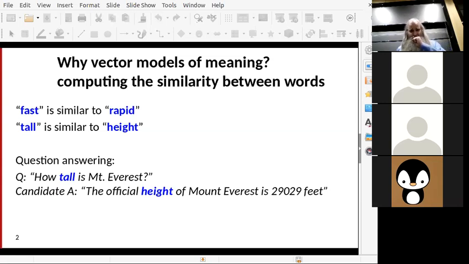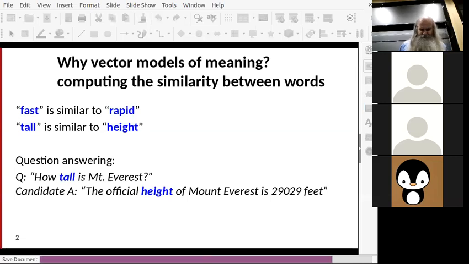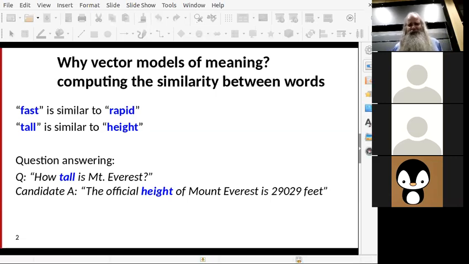But if you don't know that and your machine has no way of actually looking at that and seeing that they're similar, it's going to go, well, I know the height, but I don't know the tallness, so I can't answer that question. So it would be good if we could get a representation where tall and height are way more similar than tall and chair, okay, or some other random word.